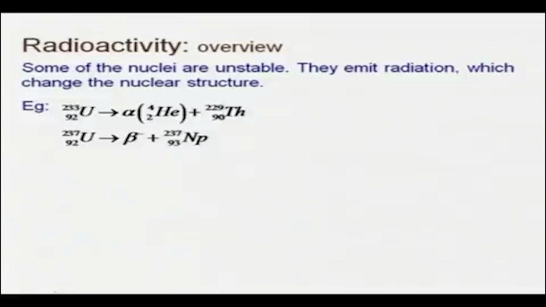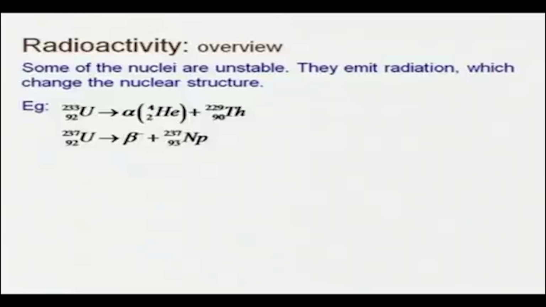The examples of radioactive nuclei are uranium, which has 92 protons. It can undergo what is called alpha decay by emitting a helium nucleus and converting itself into thorium, which has 90 protons in it.